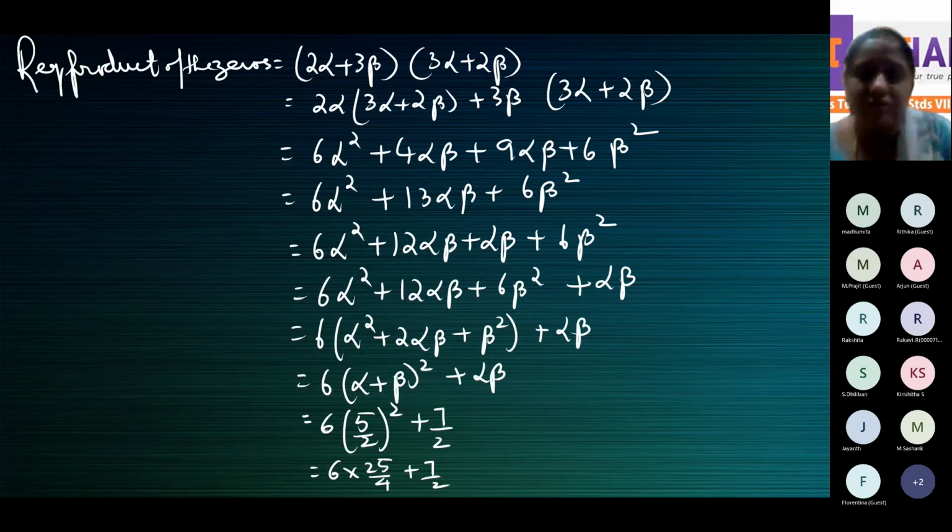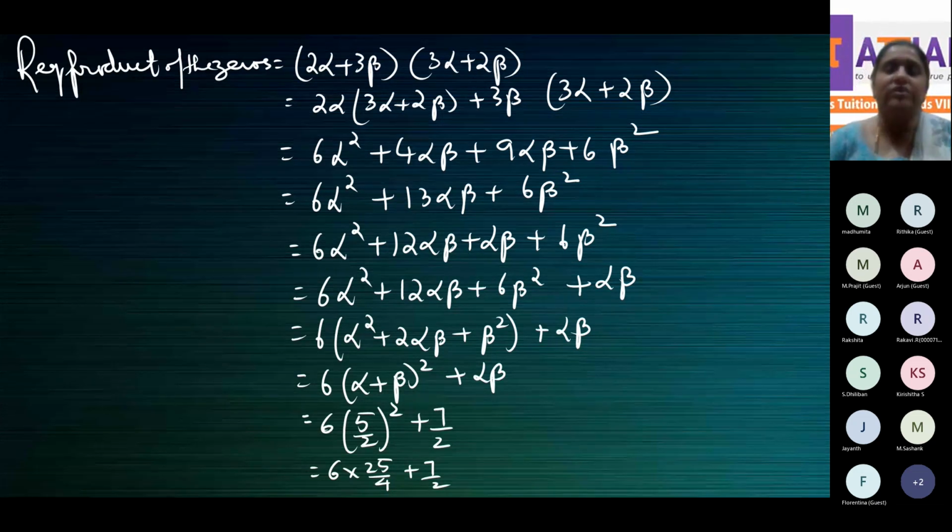So I've written 13 alpha beta as 12 alpha beta plus alpha beta, because when you group 6 alpha squared plus 12 alpha beta plus 6 beta squared, you can take 6 common, and you get something like a squared plus 2ab plus b squared, which is a plus b the whole square. So now you can substitute the values.